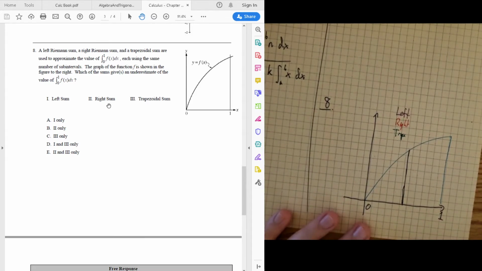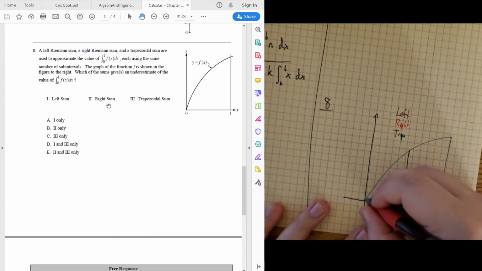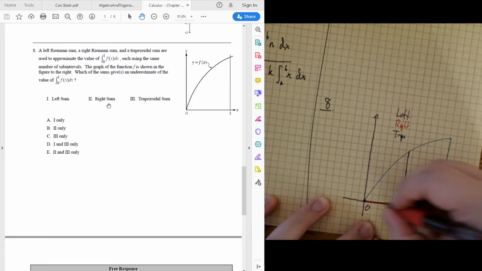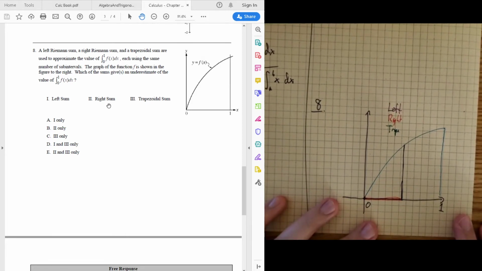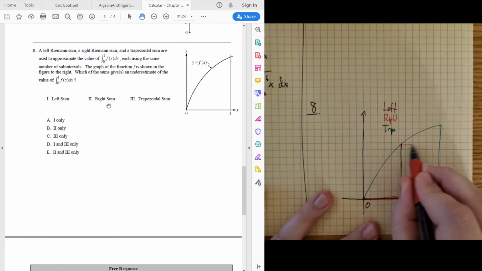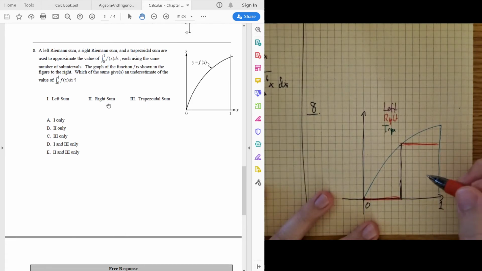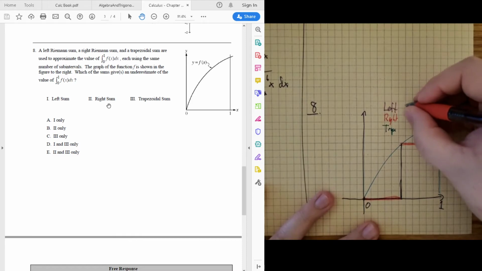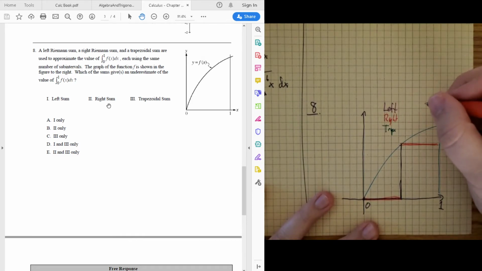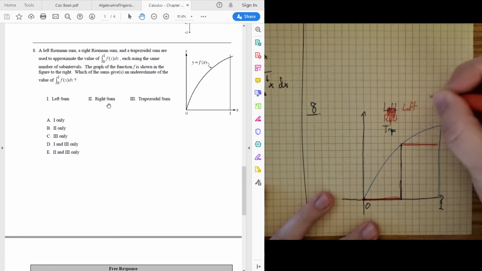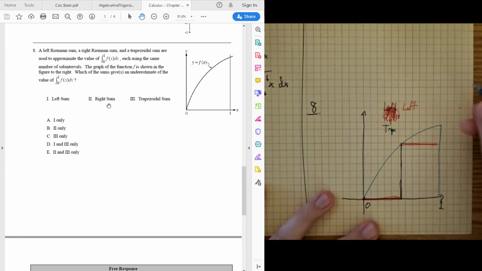Okay, let's talk about what the left-hand one would look like. Well, we'd use the left-hand value of this first interval. So that tells me that this would be the left Riemann sum for the first rectangle, and the left Riemann sum for the second rectangle. Notice that both of these are too small. So that tells me the left one, oh, I should really grab the right color pen.